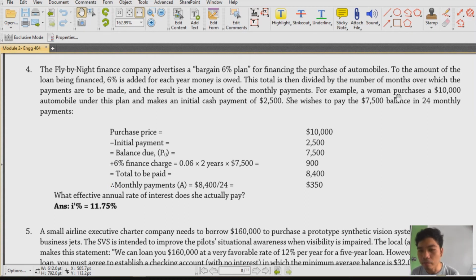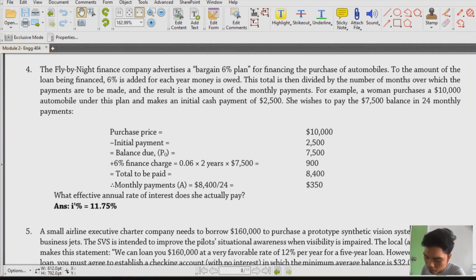So that becomes 900, and then the total payment that should be paid should be 8,400. So ang ginawa niya lang is dinivide niya yung 8,400 into monthly payments, so that's 350. So in short, she will be paying $350 per month for a total of 2 years, so that's 24 payments. So what effective annual rate of interest does she actually pay?